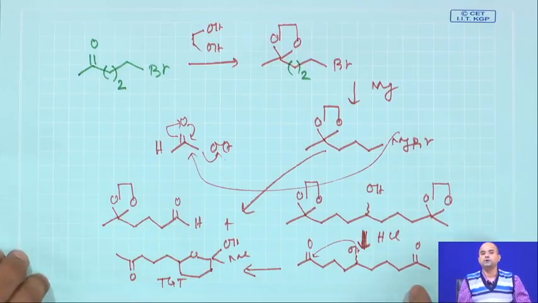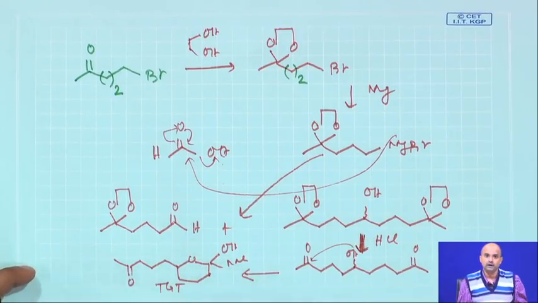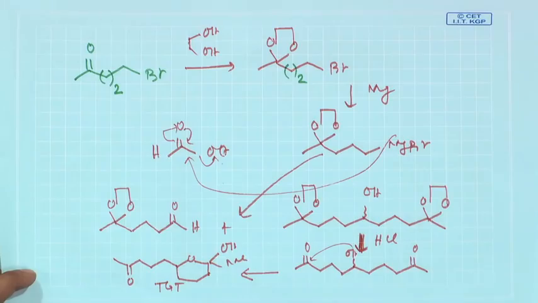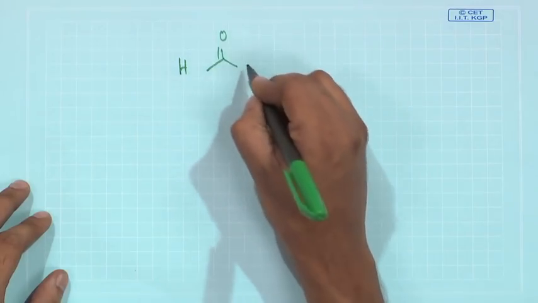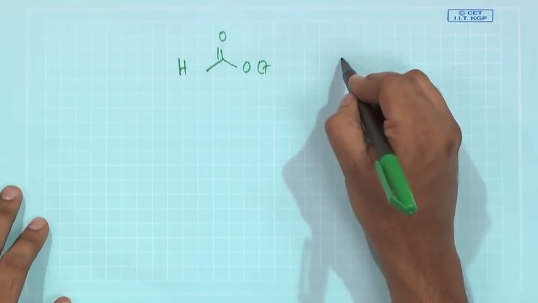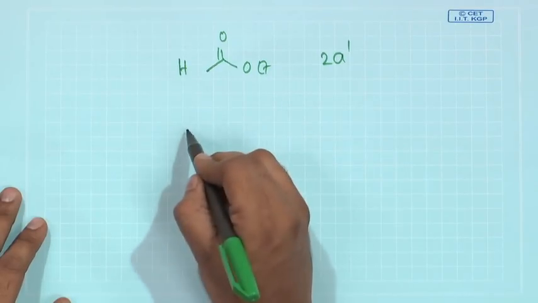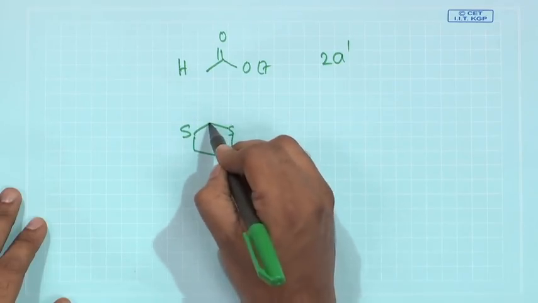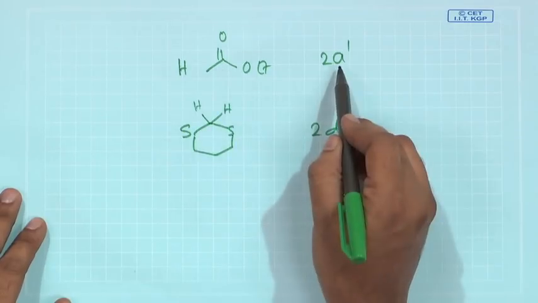In this particular example we have focused on some nice chemistry, which not only explains the use of a protecting group, but also the ethyl formate, which basically serves as HC double bond O OEt, a 2A1 acceptor species. We earlier talked about a 2D1 species, which is this one.